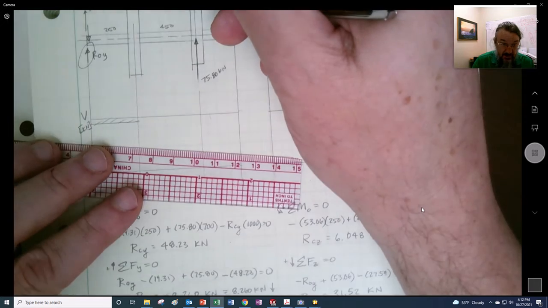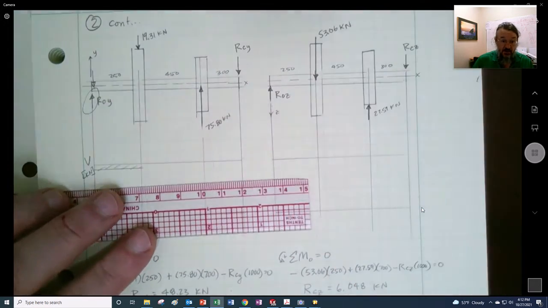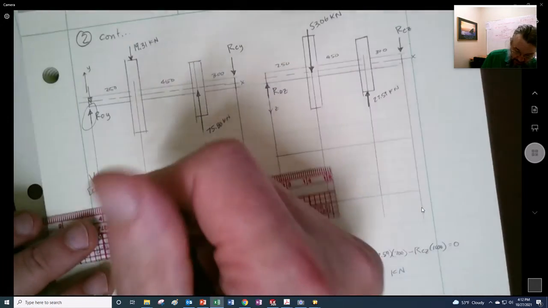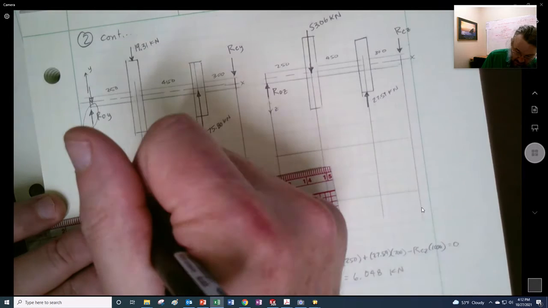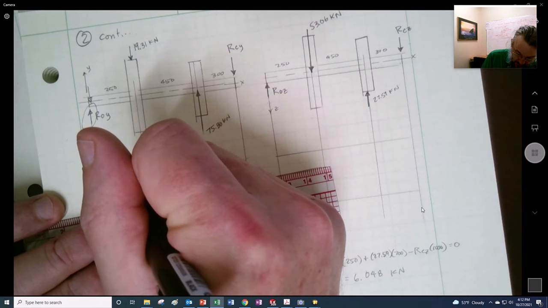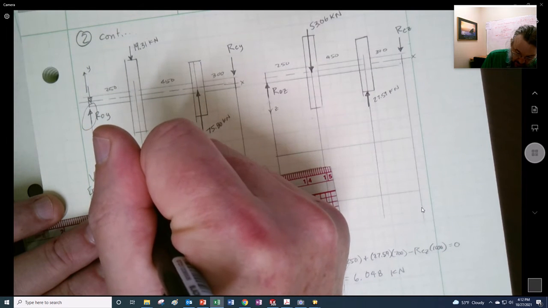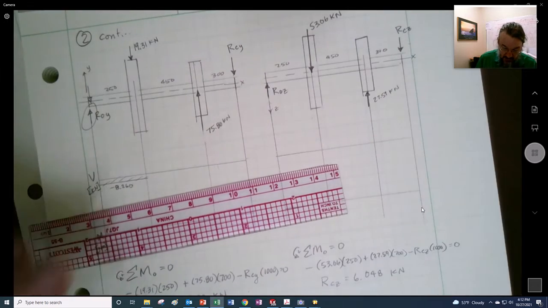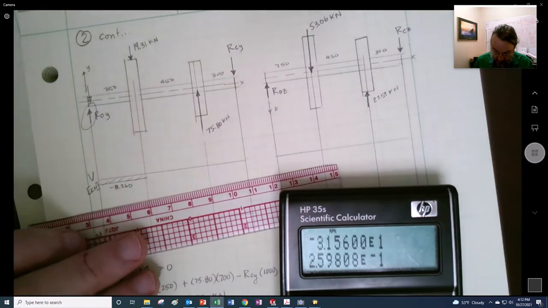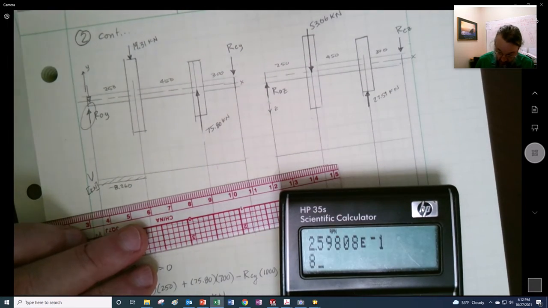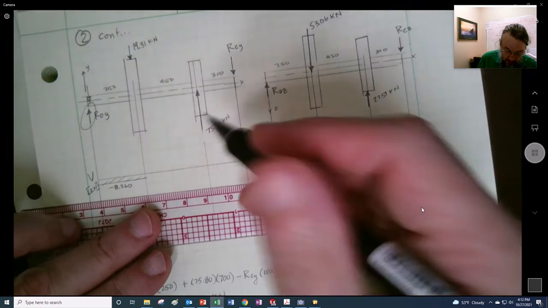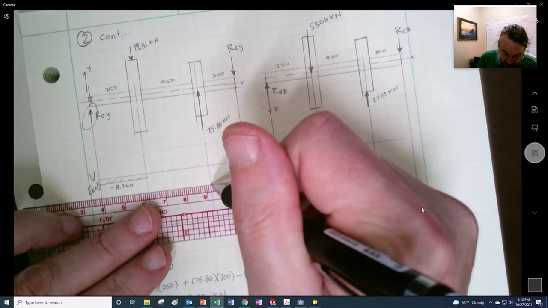And so there's going to be 19.31. We're going to add that. Okay, so maybe I put this in there. It's going to be the negative 8.260. And then we're going to combine that with 8.26 and 19.31. Add them together. So we get a 27.